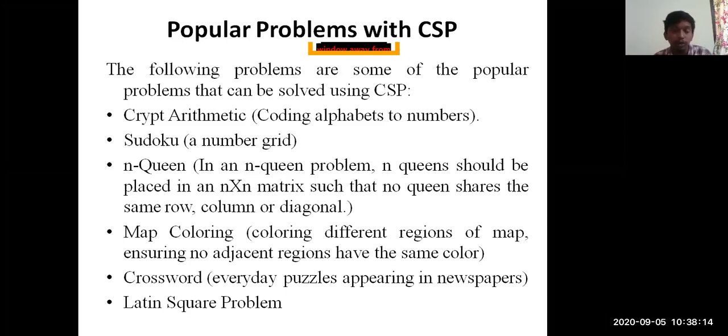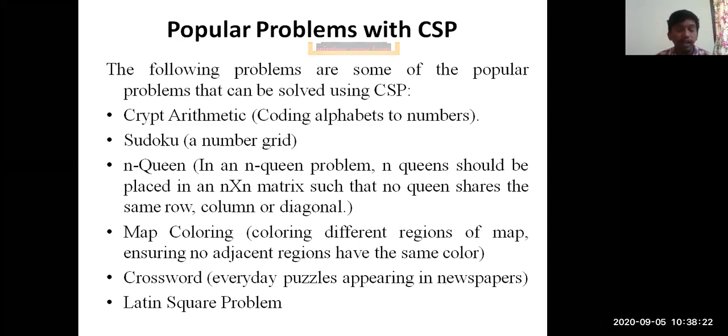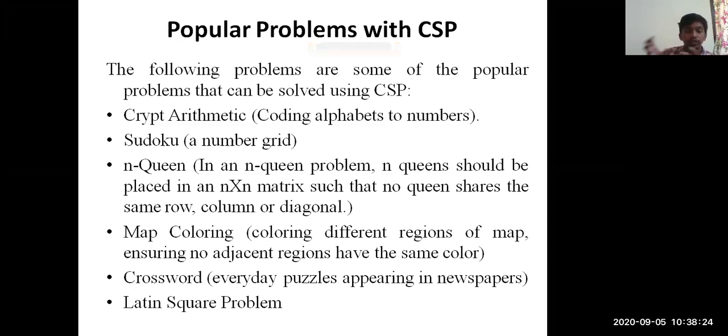You have learned about the graph coloring problem in the last unit of your discrete structures subject: two adjacent points should not have the same color. Depending on that you have the chromatic number concept also. The same application can be taken as part of your constraint satisfaction problem.